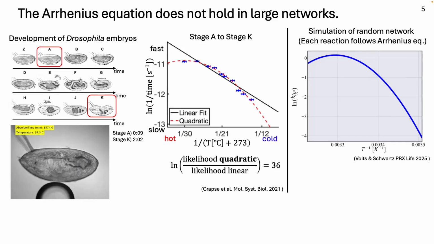So for each single reaction, the Arrhenius equation is valid, but at the network level, the Arrhenius law is violated. The summary is that each reaction has a linear relationship. However, when they merge together, the total output follows this quadratic.